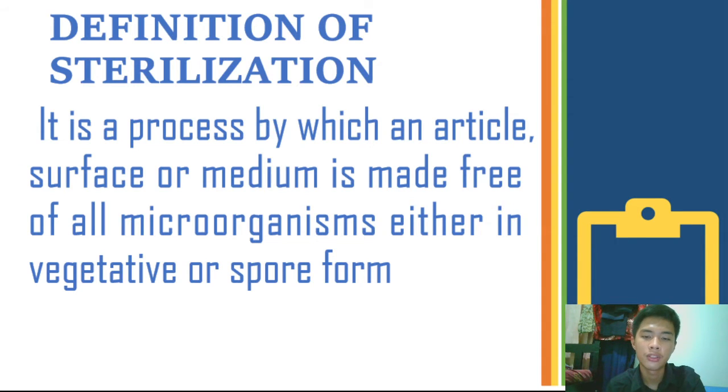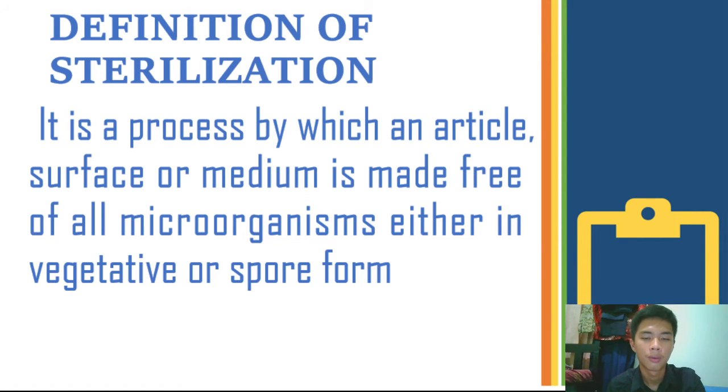What is the definition of sterilization? Sterilization is a process by which an article, surface, or medium is made free of all microorganisms, either in vegetative or spore form. Why is sterilization so important?